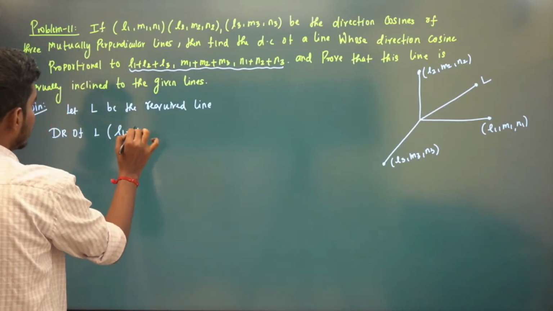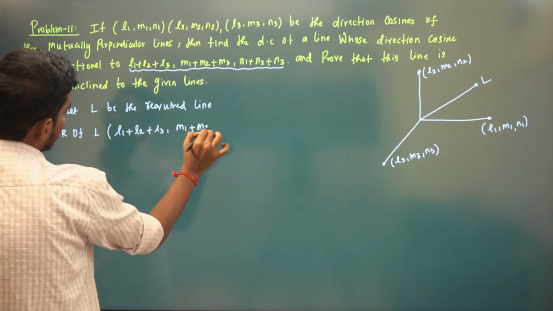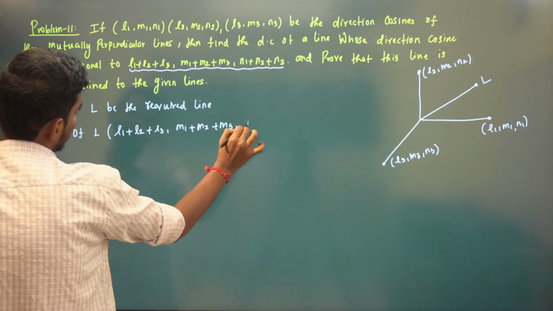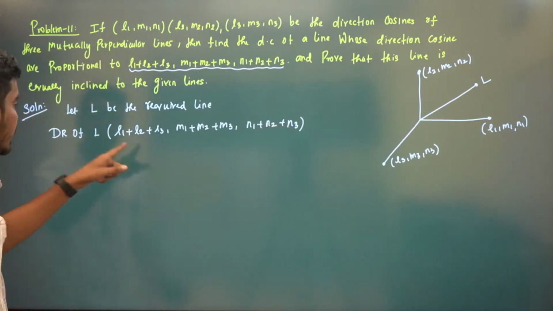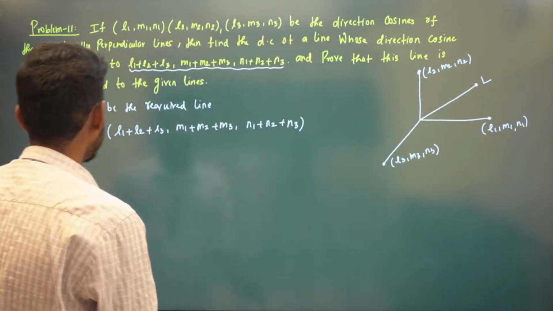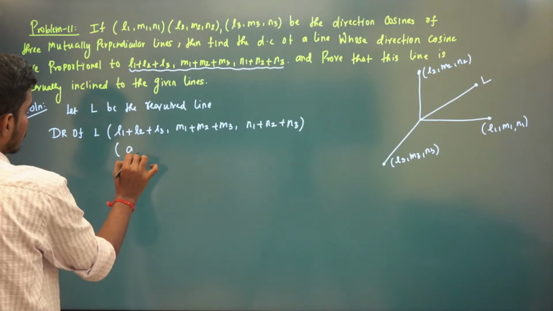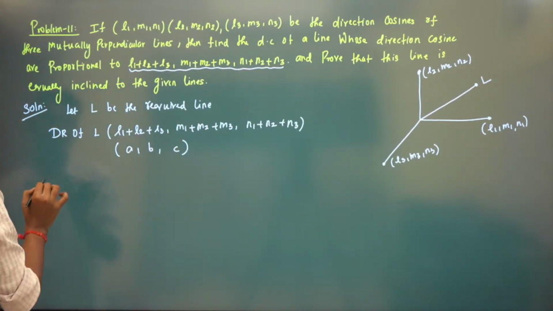So L1 plus L2 plus L3 by M1 plus M2 plus M3 by N1 plus N2 plus N3. So you know the direction ratio, you define the direction cosines. Very easy. Let us assume this to be a, b, c instead of this long expression.